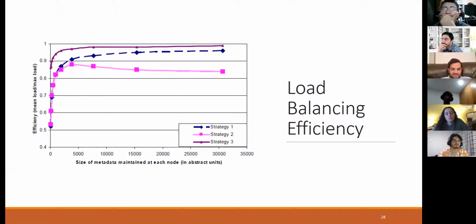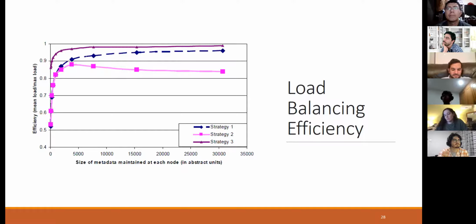So we can see the load balancing. We are seeing that in this figure, strategy 3 achieves the best load balancing, and strategy 2 has the worst. In this case, strategy 3 compared to strategy 1 achieves better efficiency and reduces the size of membership information because the Merkle trees don't need to be calculated each time.